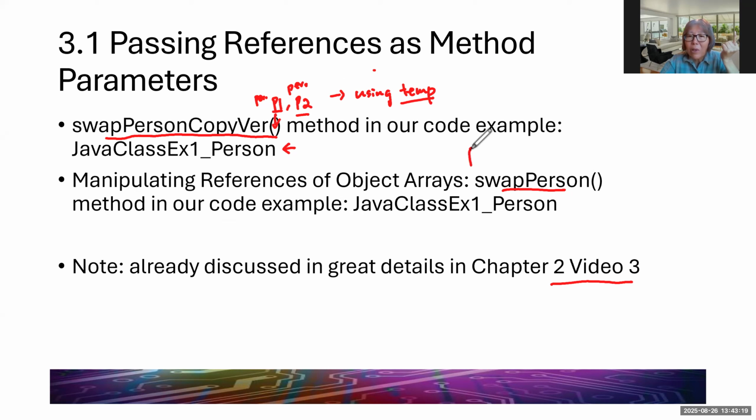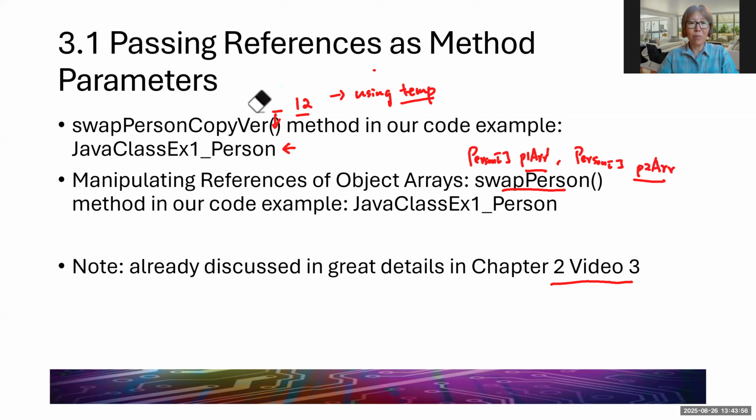We use arrays, like a P1 array and a P2 array. For both of the arrays, we saw that it did swap. We also explained that in that lecture, so you can go back to review that part.